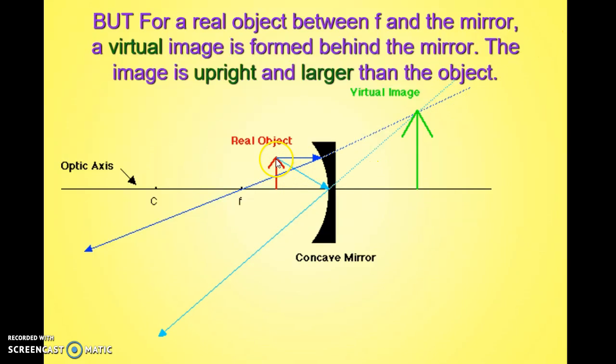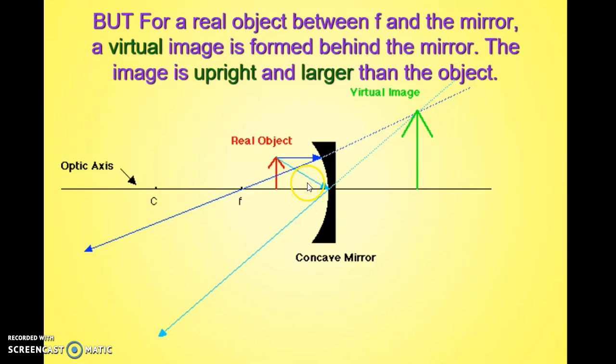So let's go through how to draw this. The real object, darker blue ray goes through to the mirror, reflects back through F, and then this blue ray, you probably haven't seen one like this before, but basically it goes to the mirror and then reflects away. And the angle inside, which in this case is the normal along the principal axis, is equal to the angle at the bottom end of that principal axis.